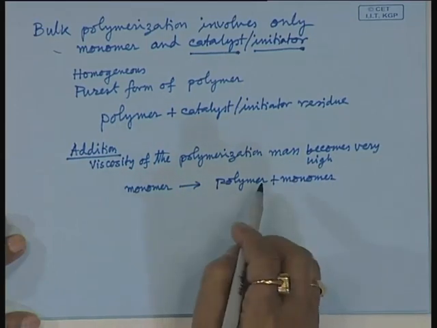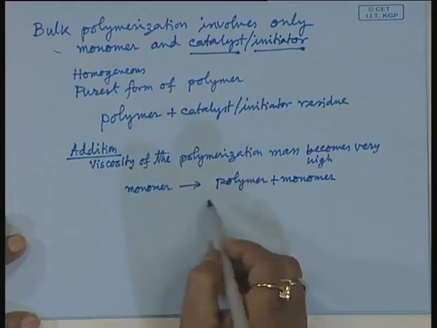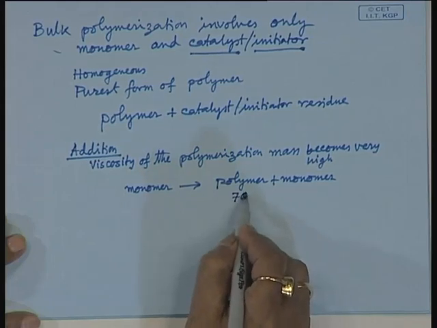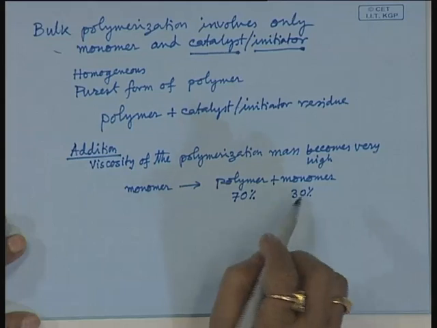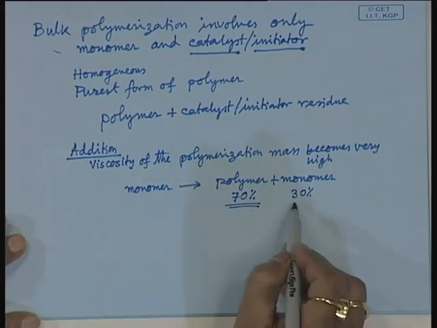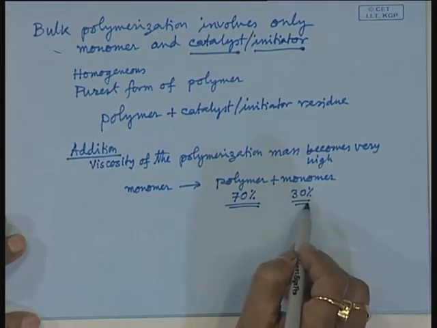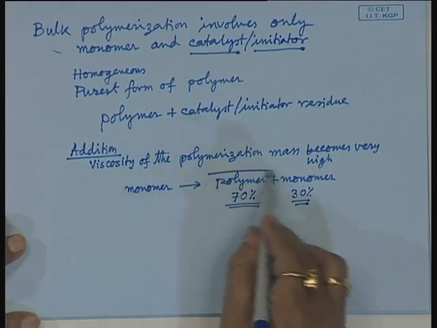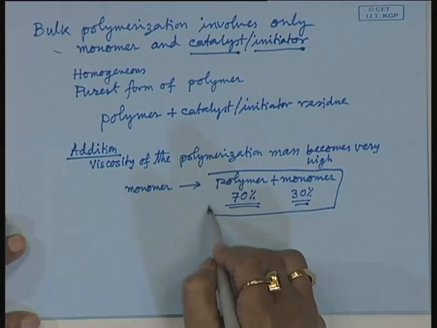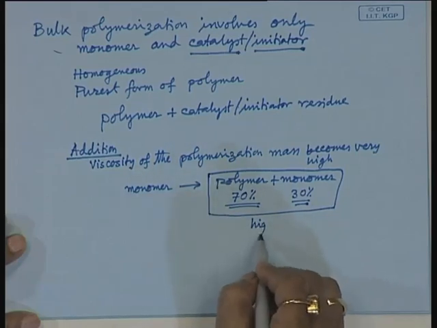Say suppose if 70% conversion is there, there will be 70% polymer and 30% monomer. So, 70% polymer remains dissolved in 30% monomer. So, it gives a very highly viscous system.